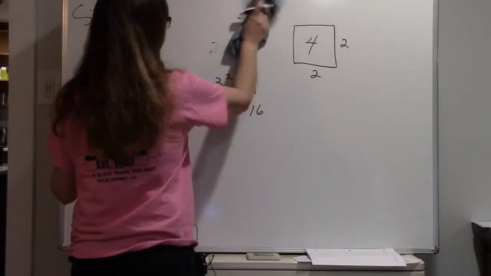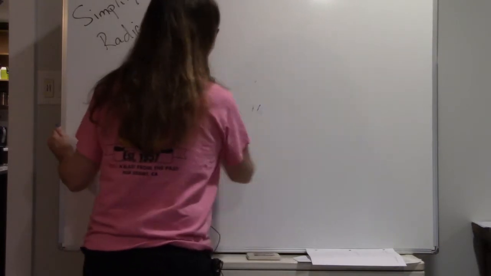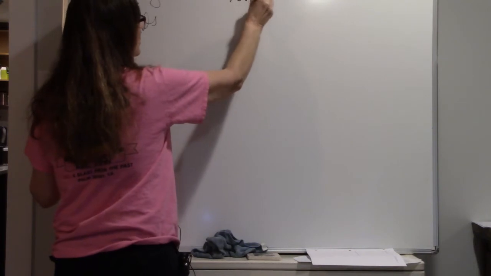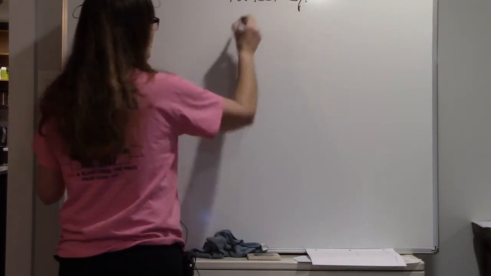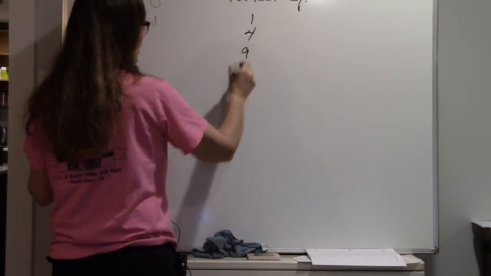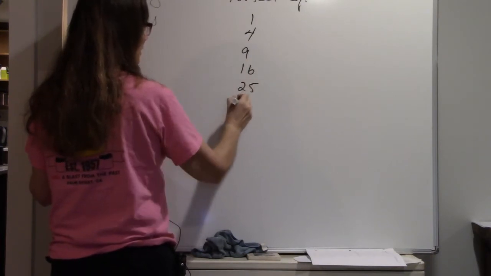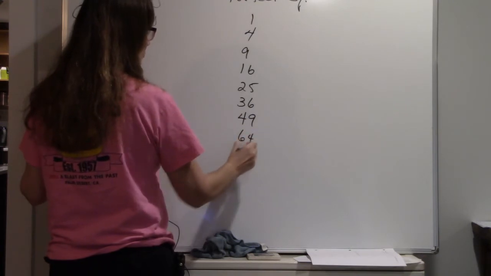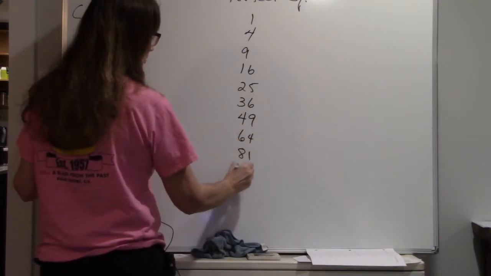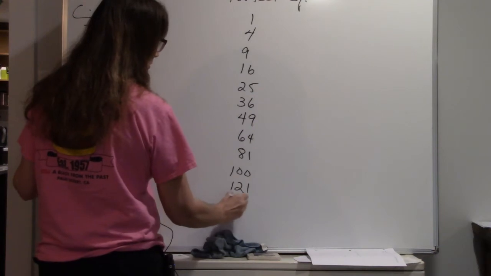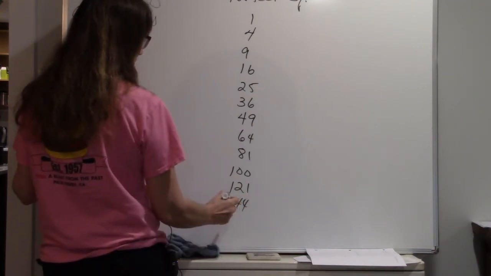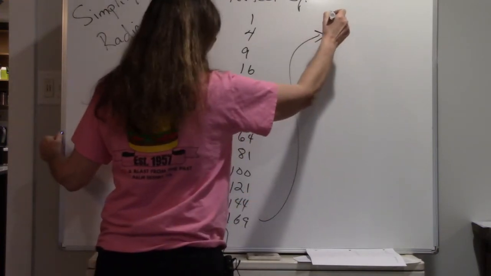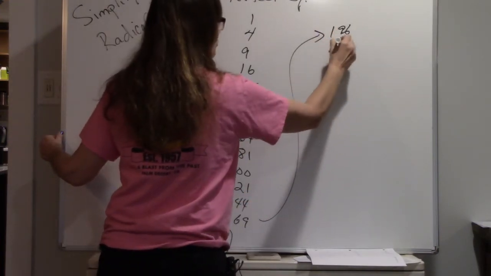So if I keep going, my perfect squares are 1, 4, 9, 16, 25, 36, 49, 64, 81, 100, 121, 144, 169, and we'll continue, 196, and 225.